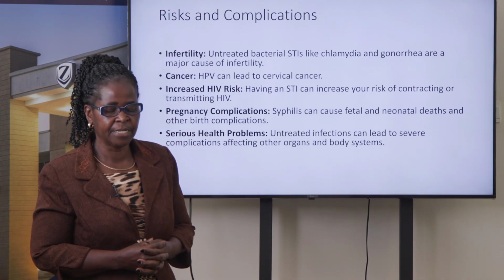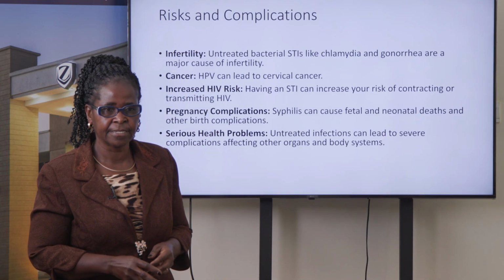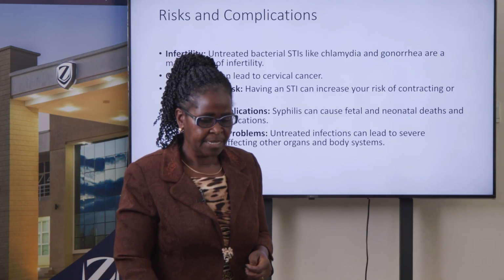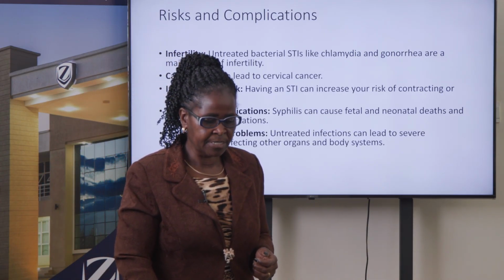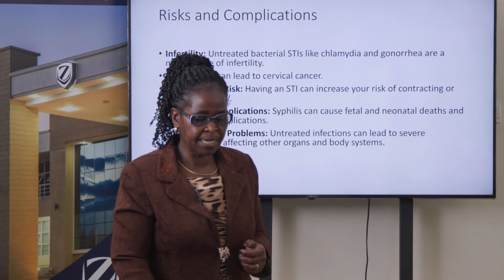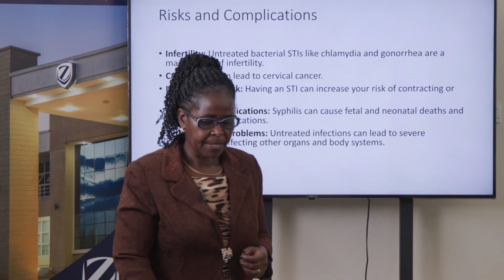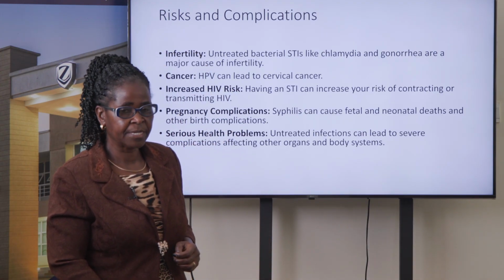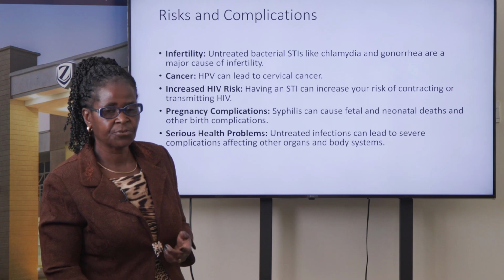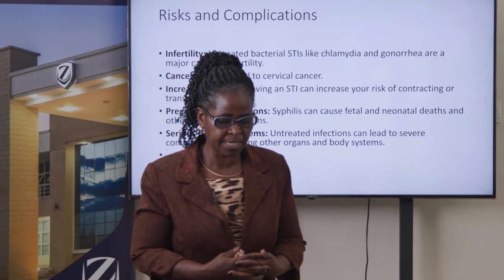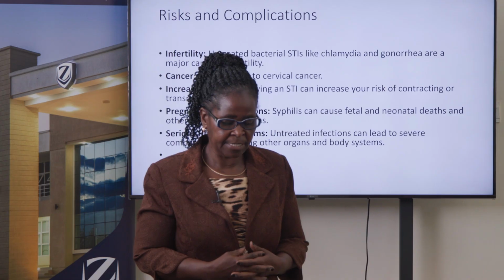So there are some complications. If one has a sexually transmitted infection and it's left untreated, it can cause some complications, and especially if you have untreated gonorrhea or chlamydia, one of the major complications is infertility. So as young people, if you get this disease and it's not treated, you may get infertility.